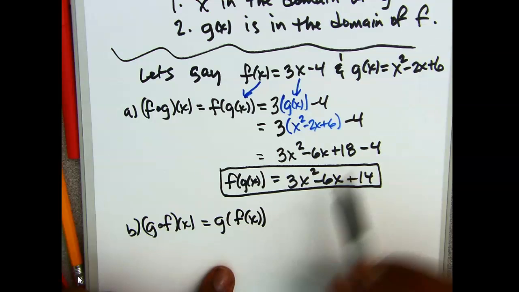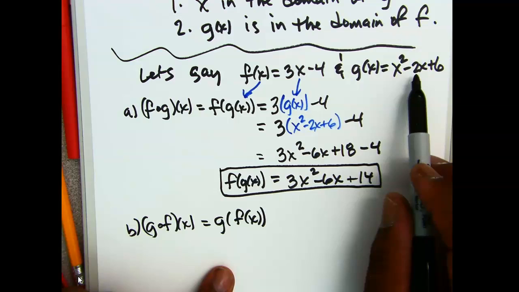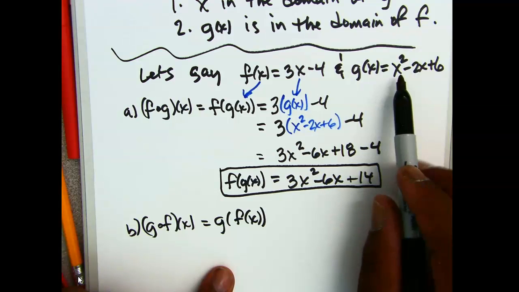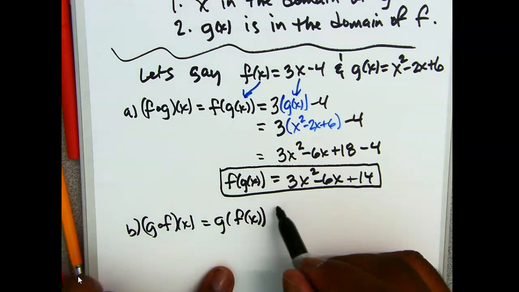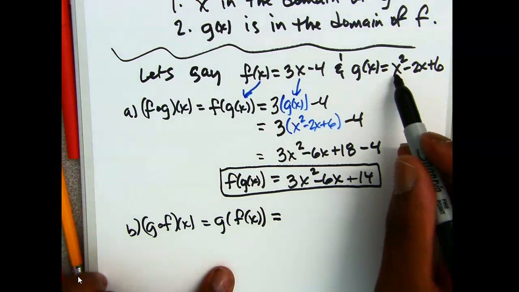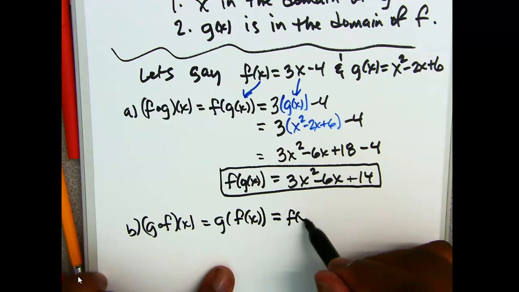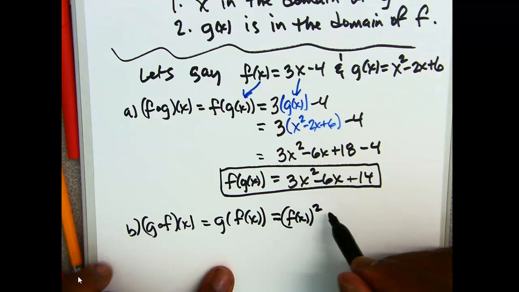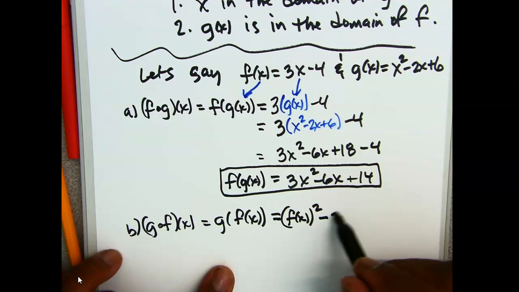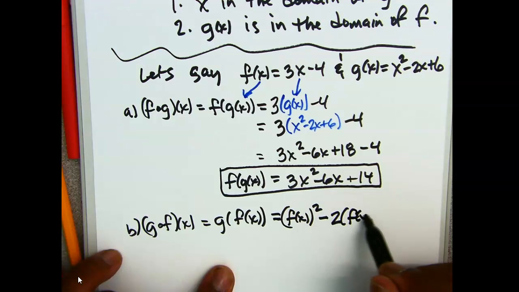G is x squared minus 2 times x plus 6. So everywhere you have an x in g, you're going to replace it with f of x. So that becomes f of x squared minus 2 times f of x, and then plus 6.